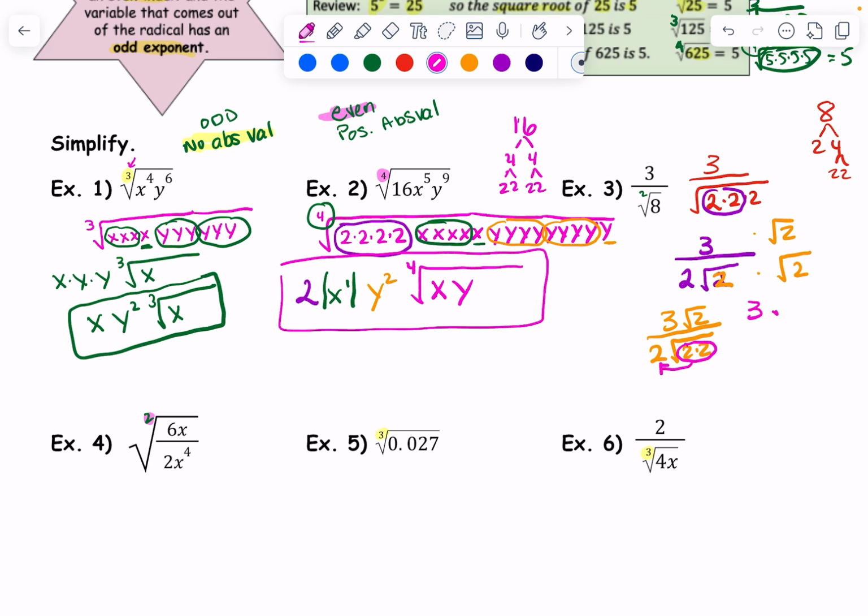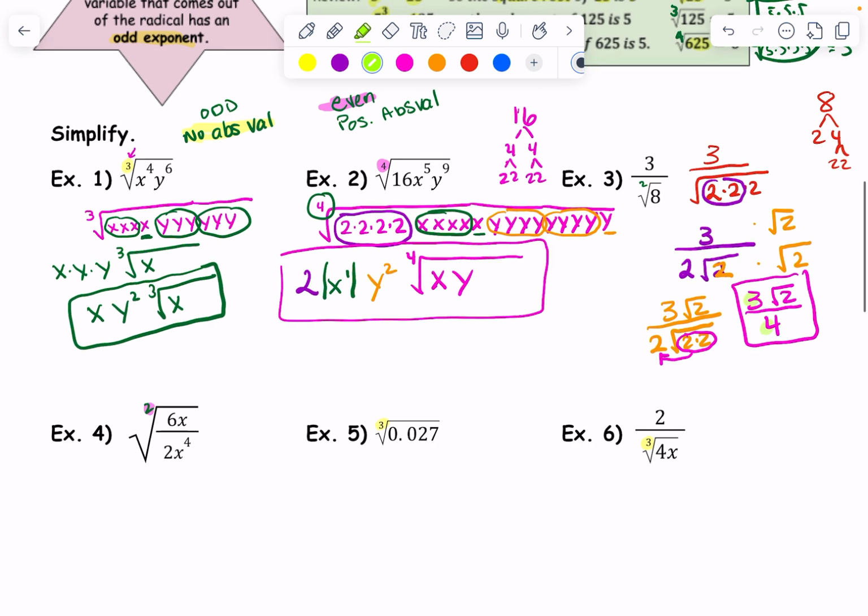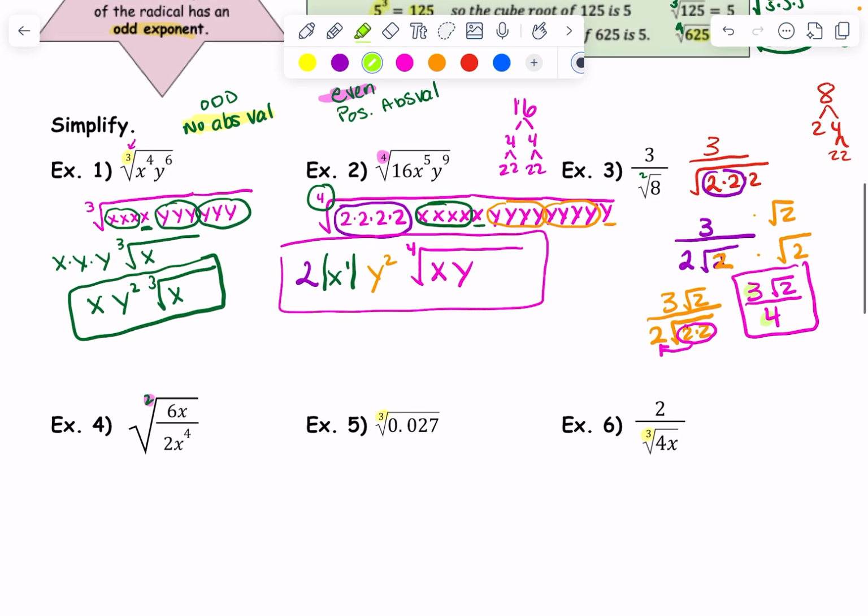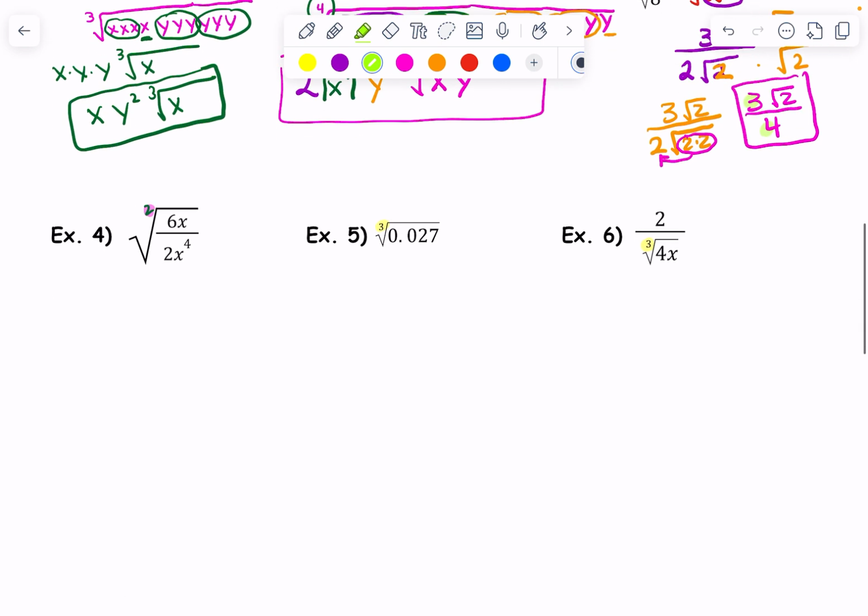So we'll end up with 3 radical 2, and then on the bottom 2 times 2, which is 4, and we're done. And when we simplify, remember we have to do outside with outside, inside with inside. So when we look at our outsides, there's nothing in common, and we only have something on the inside on the top, so we're finished. Again, we had an even index, but we had only values, not variables, so no absolute value needed.